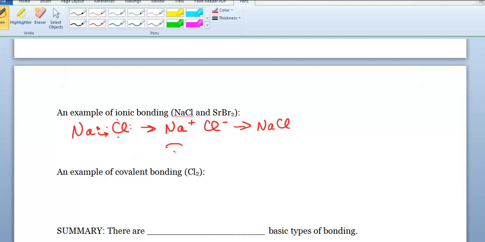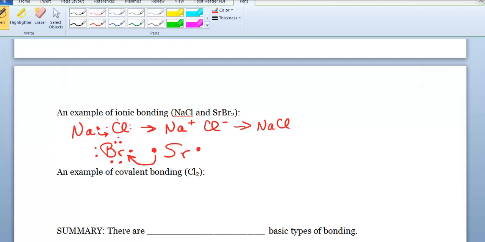Now, if I did this with strontium, strontium actually has 2 valence electrons, and bromine is not an ion yet, but we're going to make it one. It is going to receive an electron from strontium.